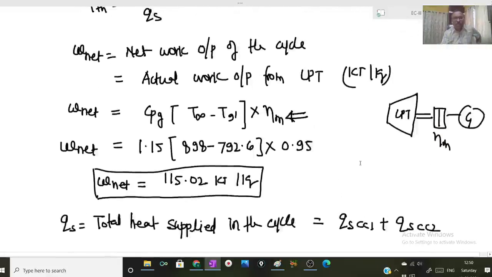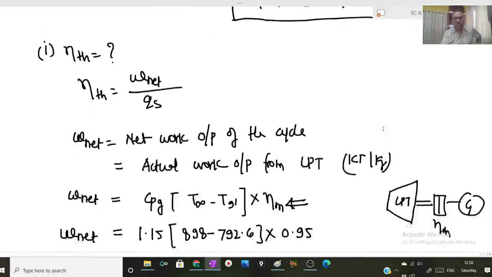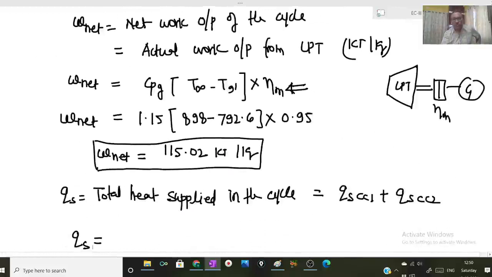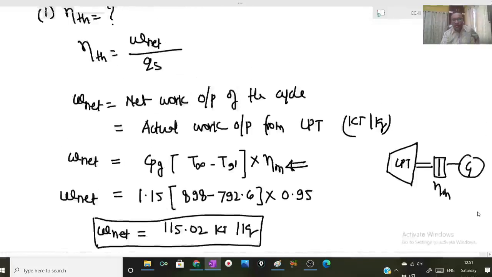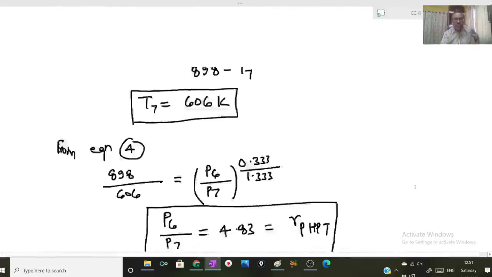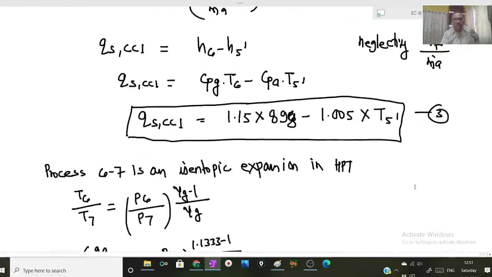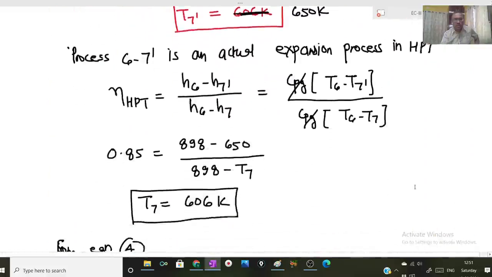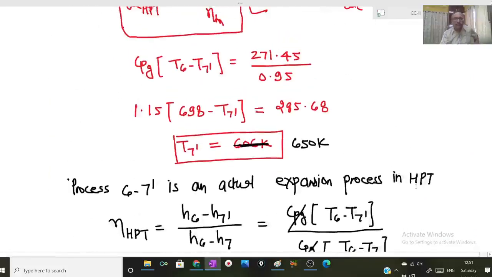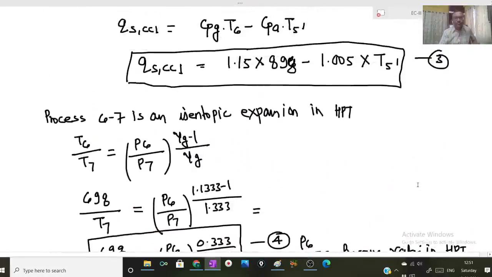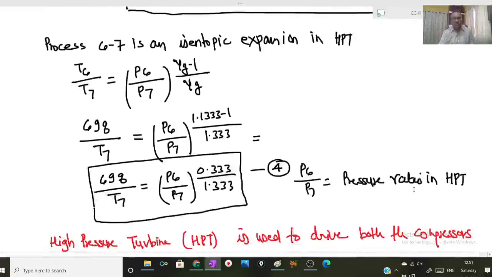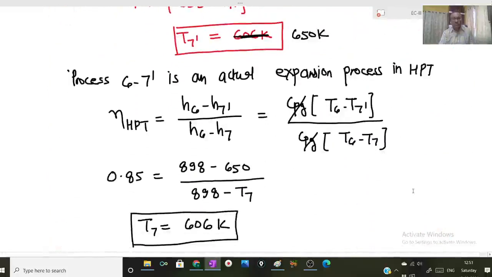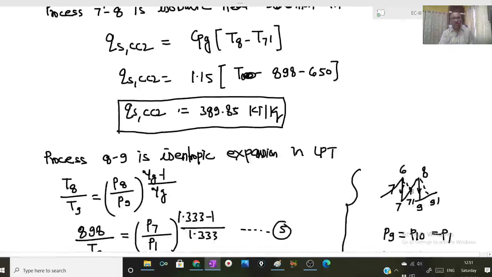So QS CC1 is 309.40, and QS CC2 is 389.85.